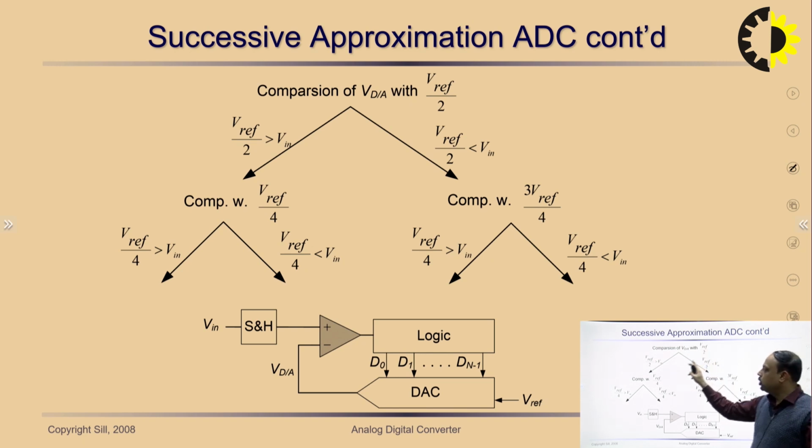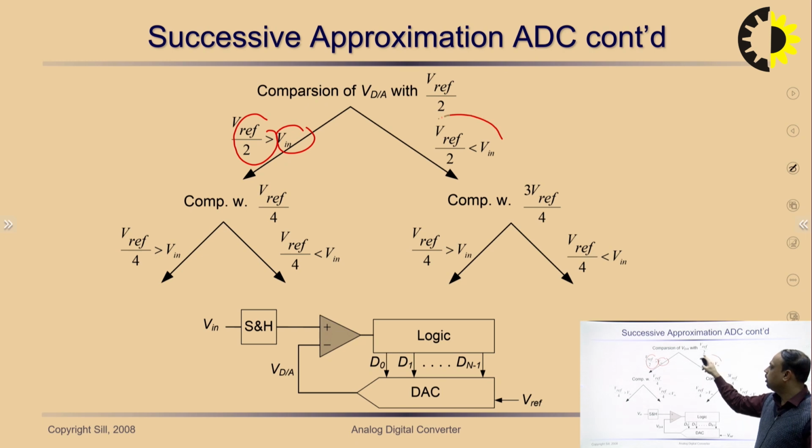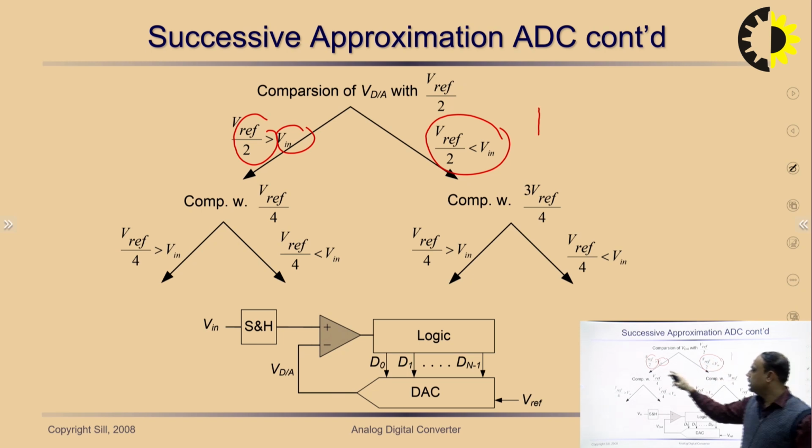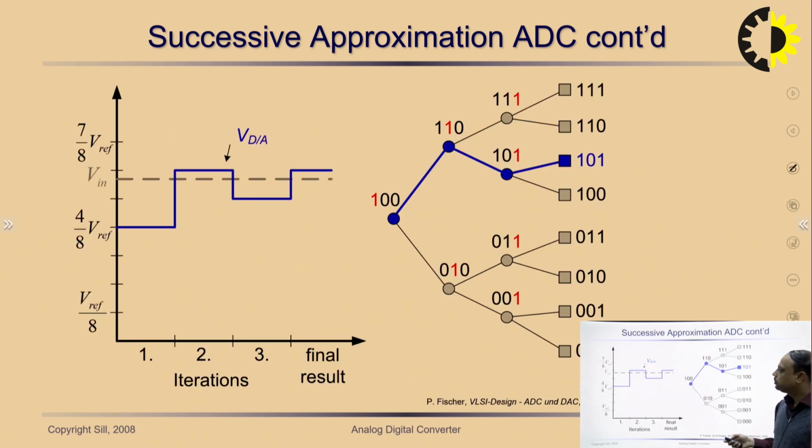If the input signal magnitude is less than V reference divided by 2, the path goes in this way, and if the input signal voltage is greater than V reference by 2, then the path goes in this way. In this case, the most significant bit is set to 1, while in this case the most significant bit is set to 0, as we can see over here.